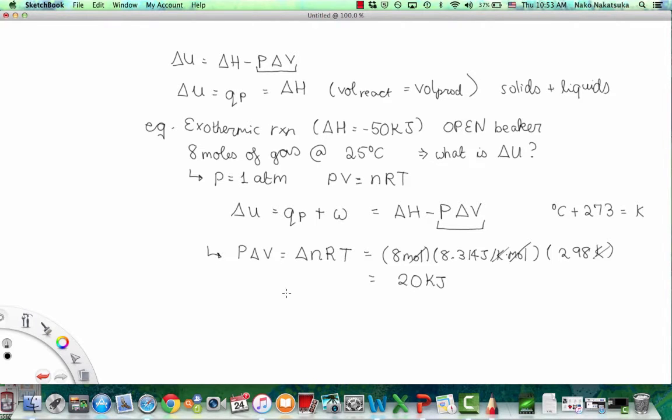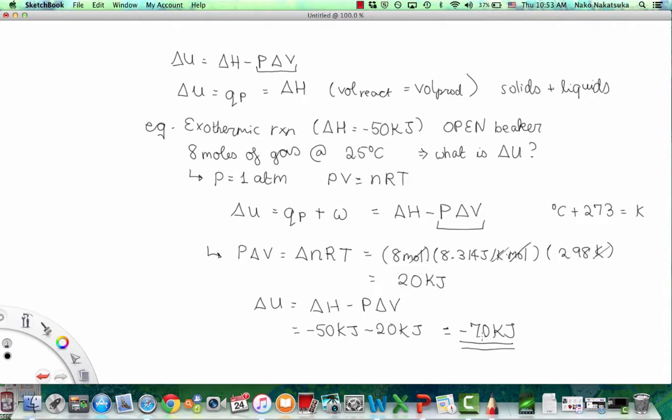So then, delta U is delta H minus P delta V. We know what the value of delta H is. It's negative 50 kilojoules minus 20 kilojoules, which gives us negative 70 kilojoules.